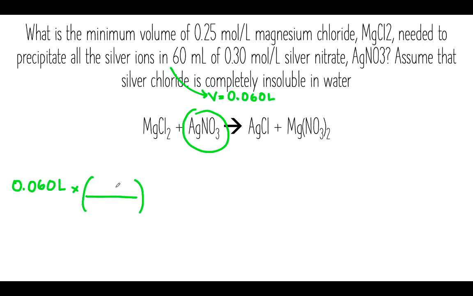And remember, there's two ways that I can write moles per liter: moles over liter or liter over moles. So because I want my liters to cancel out, I'm going to write liters at the bottom and moles at the top. And whenever you have a term moles per liter, the number is always associated with moles. So 0.30 moles for every 1 liter. And not just any moles, right? We're talking about the moles of AgNO3.